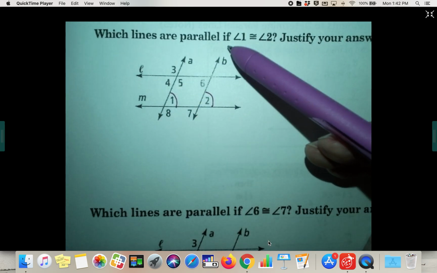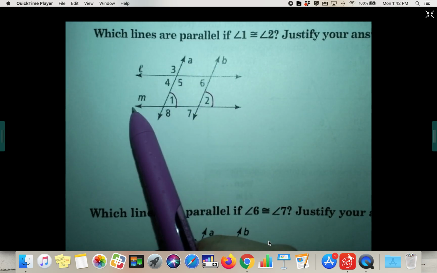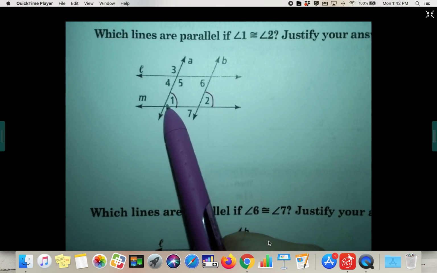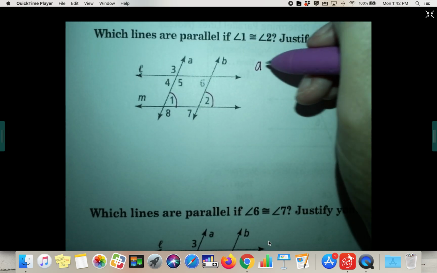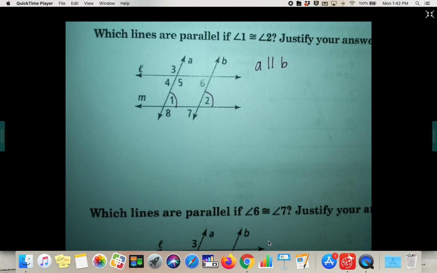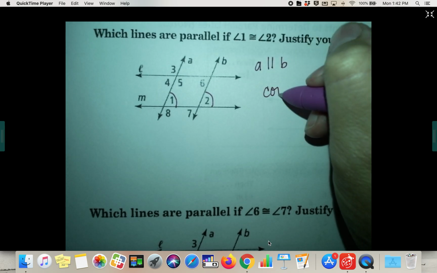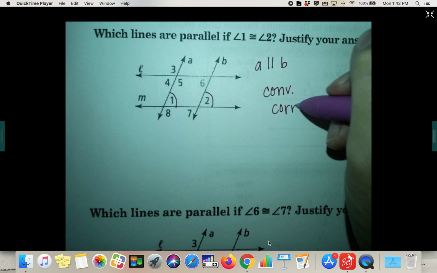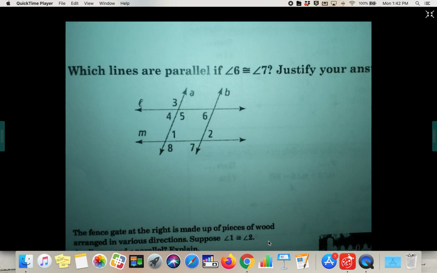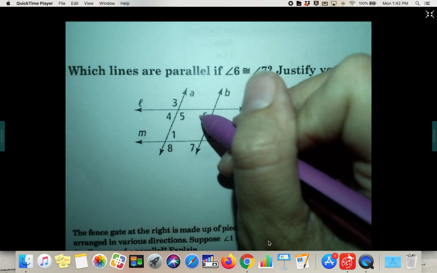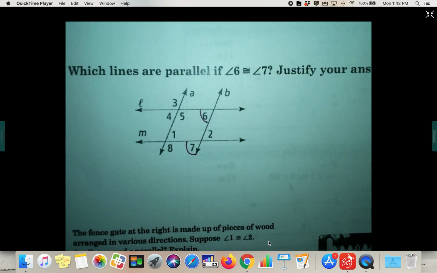Based on A and B cut by transversal M, 1 and 2 would be corresponding. So we can say that line A is parallel to line B because of the converse of the corresponding angles theorem.